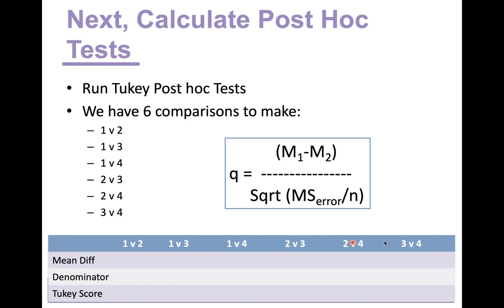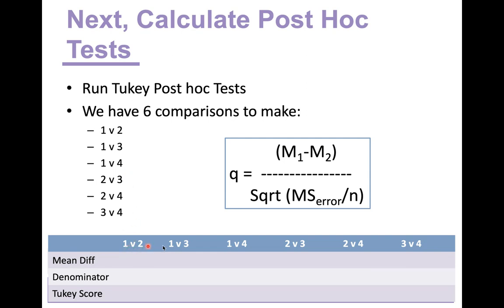I like to set up another little table to make it easier because a Q, or what we're going to call here our Tukey score, a Q is the mean difference between these 2 groups. So the mean of group 1 minus the mean of group 2. The mean of group 1 minus the mean of group 3. The mean of group 1 minus the mean of group 4, right?